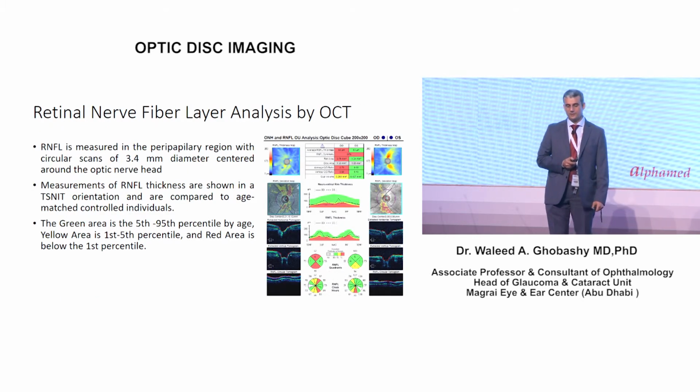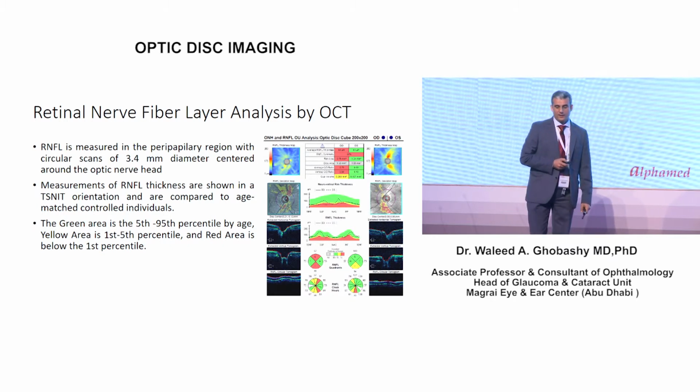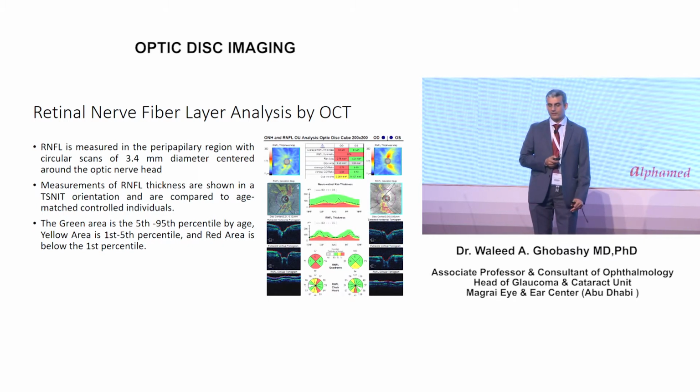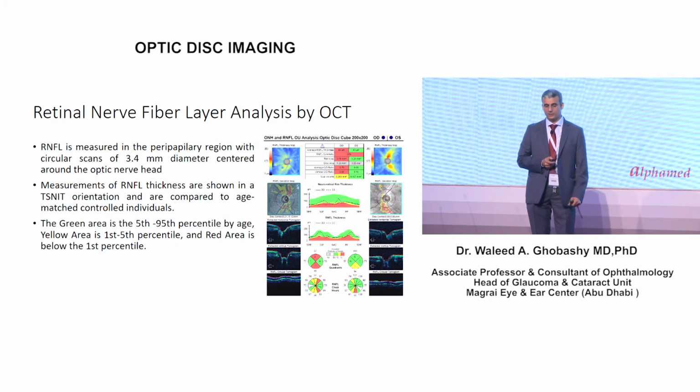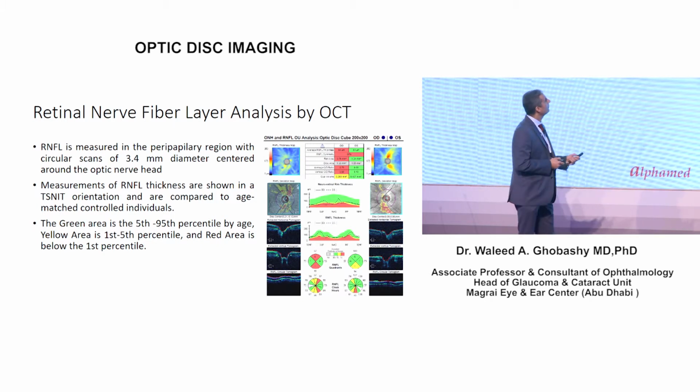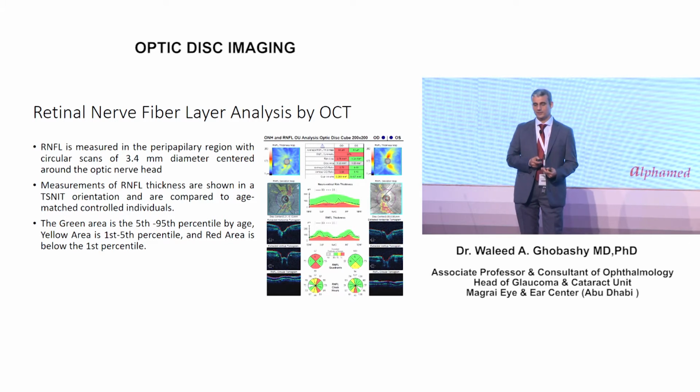The OCT analysis, as we know, is mainly around a 3 millimeter diameter around the optic nerve, and it measures the retinal nerve fiber layer thickness profile shown in temporal, superior, nasal, inferior, and then temporal orientation. The color plot is mainly according to the normative data supplied by the machine.